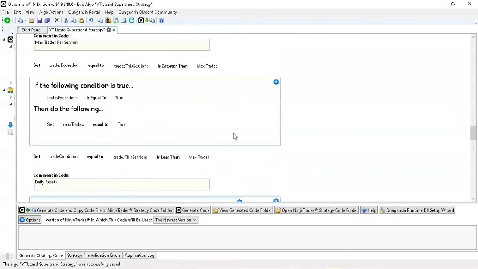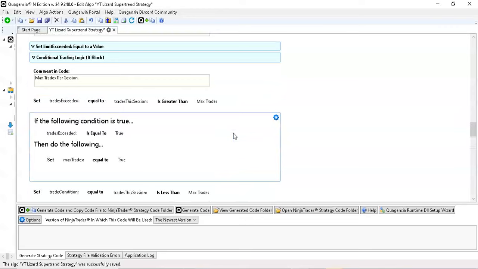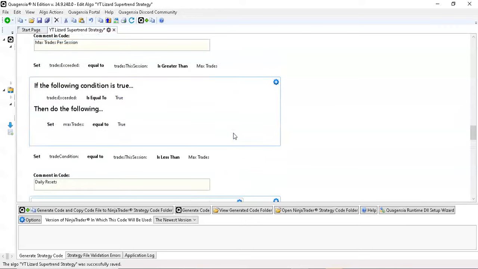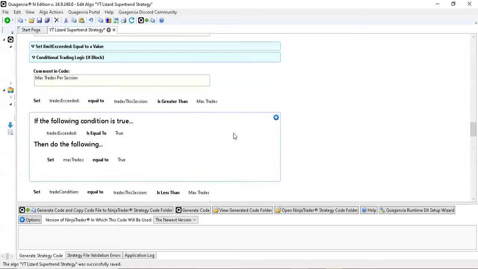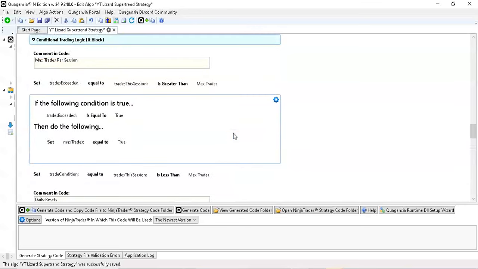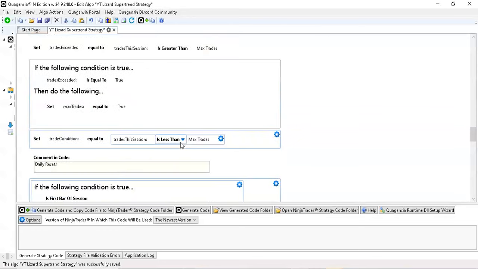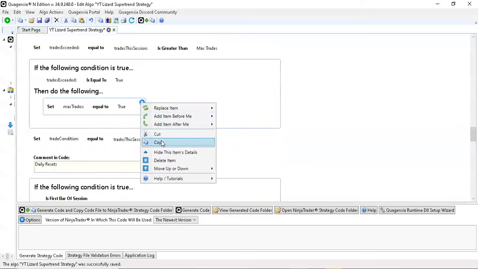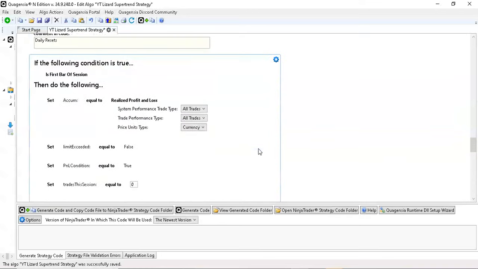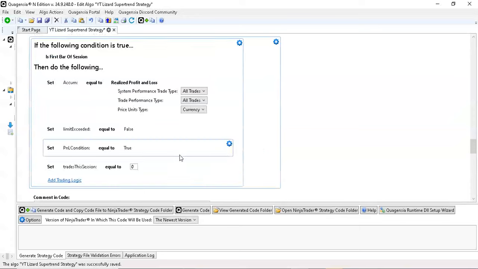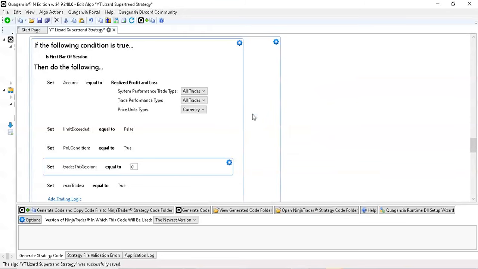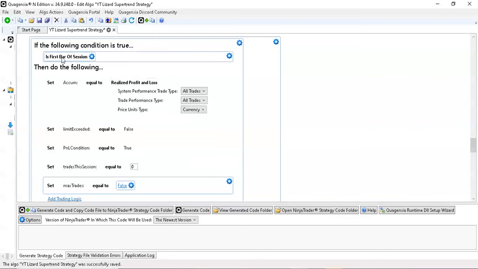And then we're going to take this condition and set this back to false at the beginning of the first bar of the session.